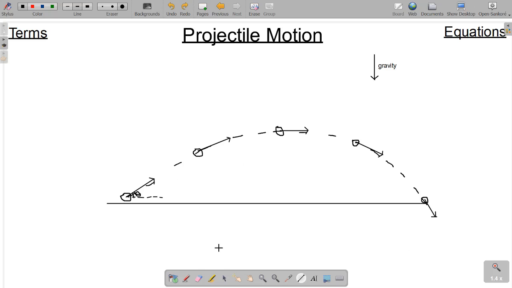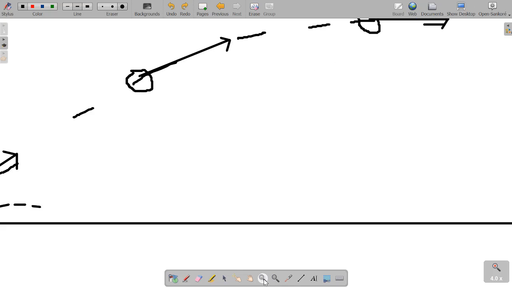So projectile motion is basically just resolving the vectors into horizontal and vertical components and applying your kinematics. This is basically what projectile motion is. I'll zoom in and tell you the details.